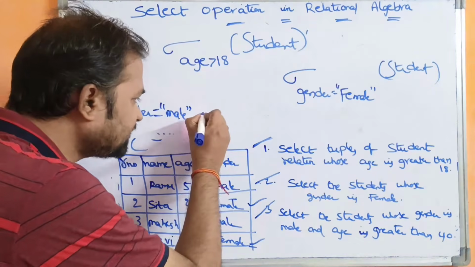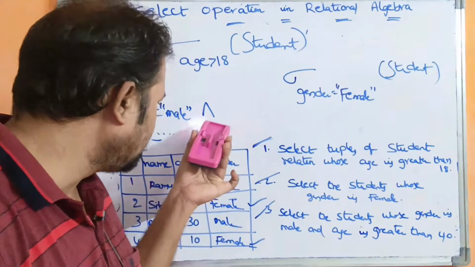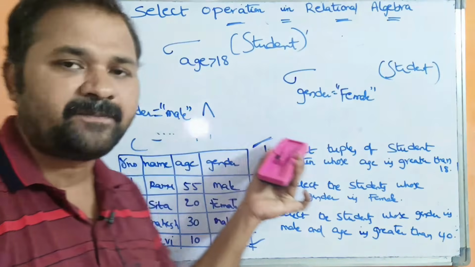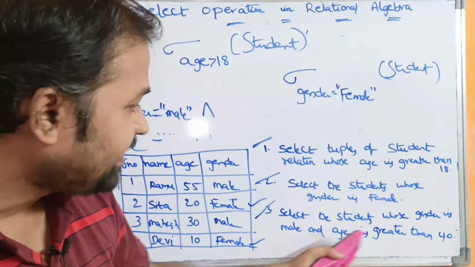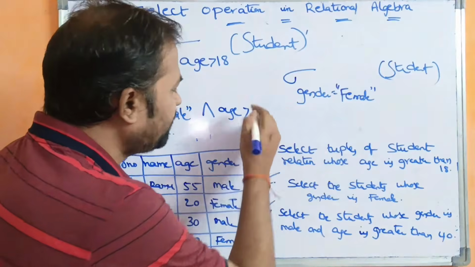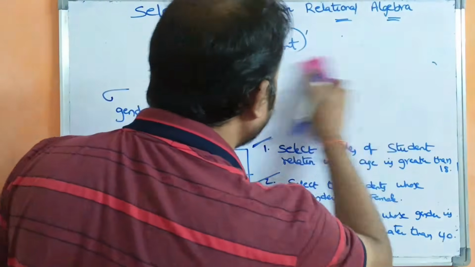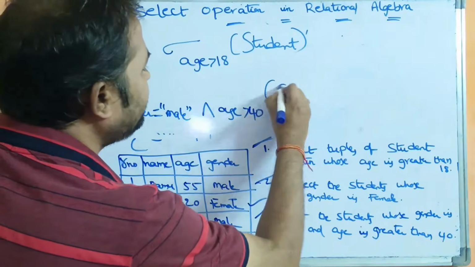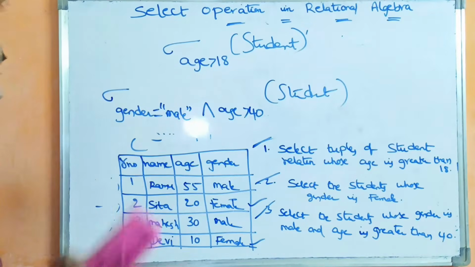By using the and connective, we are combining two predicates. And age is greater than 40. Age is a number, so there is no need to enclose it within quotations. The name of the relation is student.